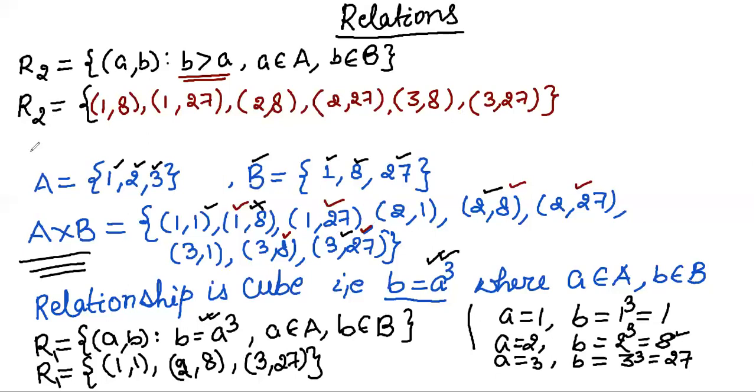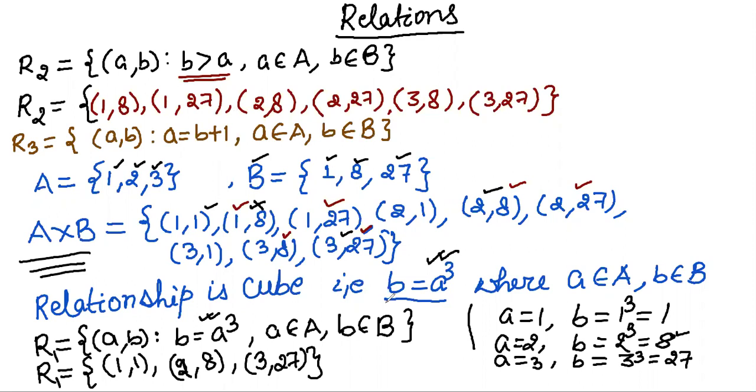So similarly we can take one more example. R3 I am taking here. R3 I am writing here, and the condition I am taking here is (a, b) such that a equals b plus 1, where a belongs to A and b belongs to B. This value I have taken.